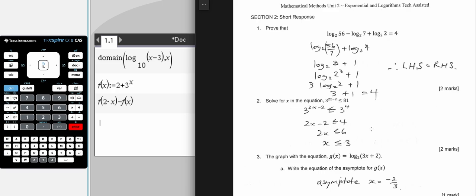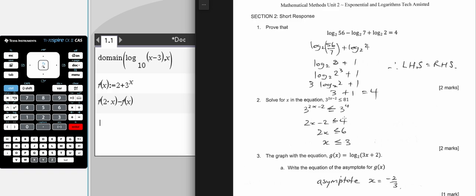We can make 8 into 2 to the power of 3, bring the 3 to the front, log 2 becomes 1, so 3 times 1 is 3, plus 1 equals 4. Hence, left-hand side equals right-hand side. And you really have to say that in proofs. When there's a proof question, you really do have to say left-hand side equals right-hand side after you show, because that's the other word they use as well, is show. You have to then say this side equals this side at the very end.